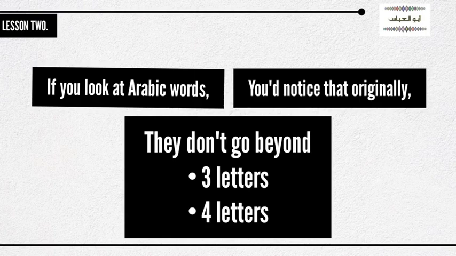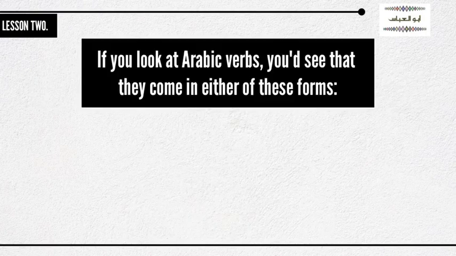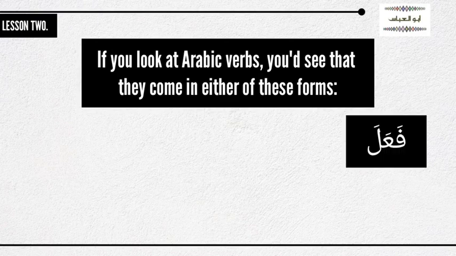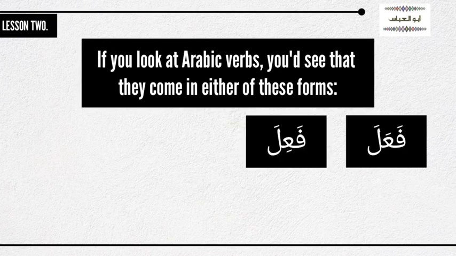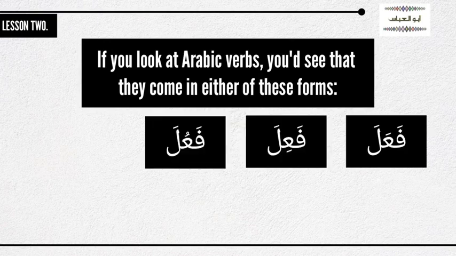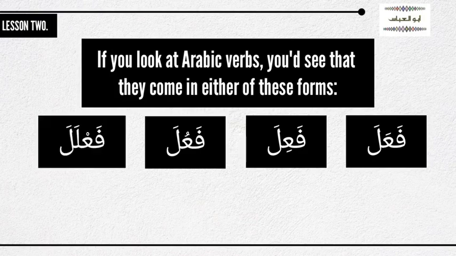That is why if you look at a verb in the Arabic language, you would notice that either it is in the form of fa'ala, or fa'ila, or fa'ula. We mentioned this in the last lesson. Or it is in the form of fa'lala.